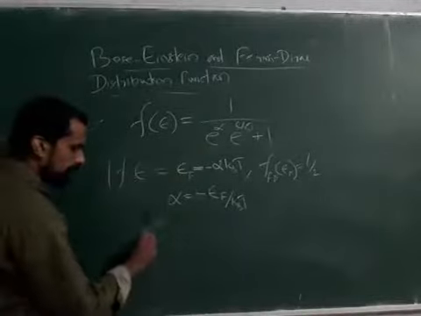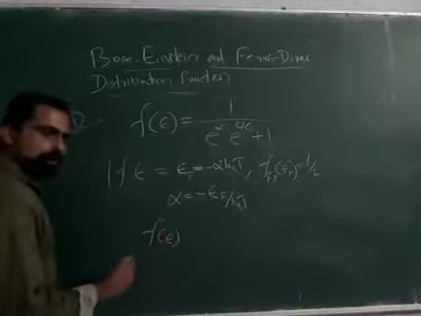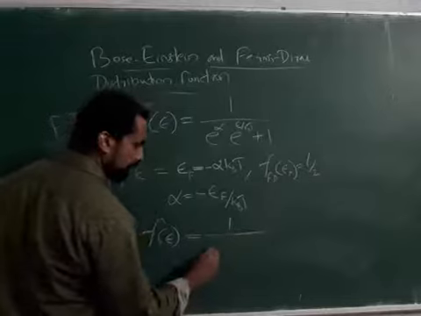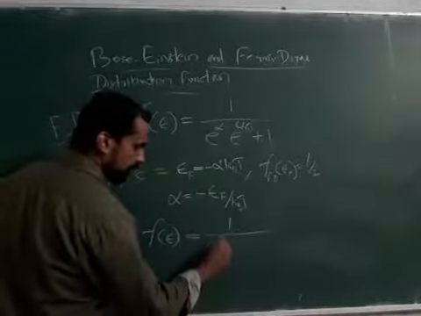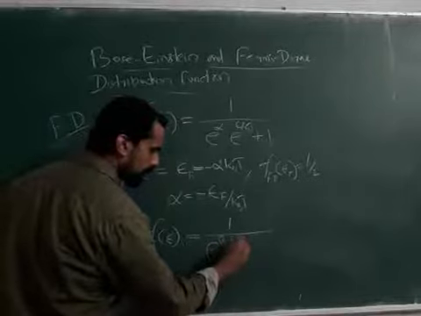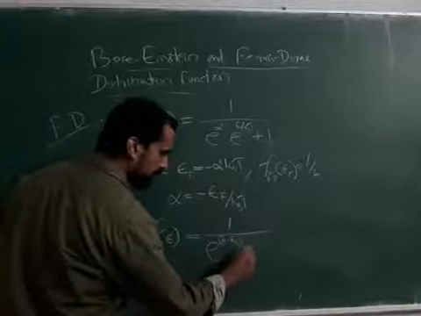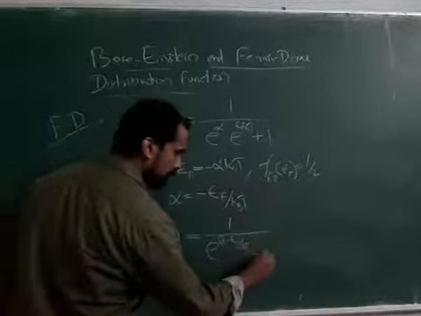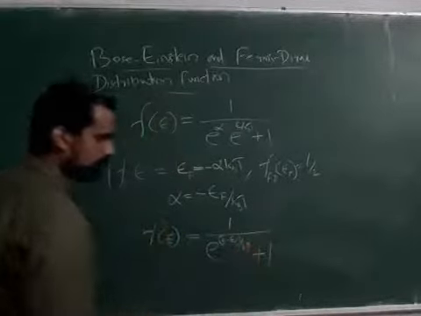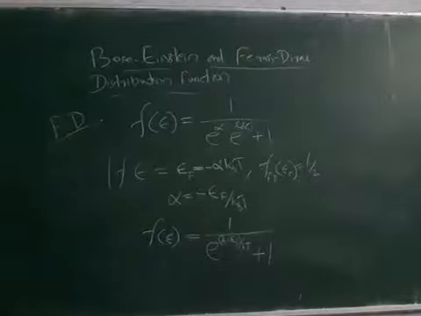Then f of epsilon is equal to 1 by e raised to epsilon minus epsilon f by kBT plus 1.